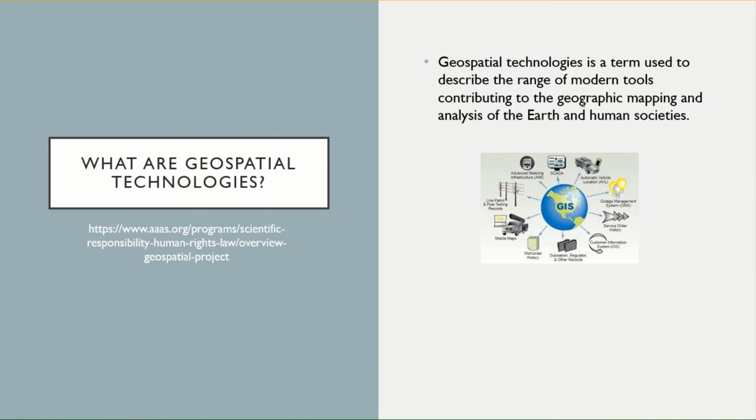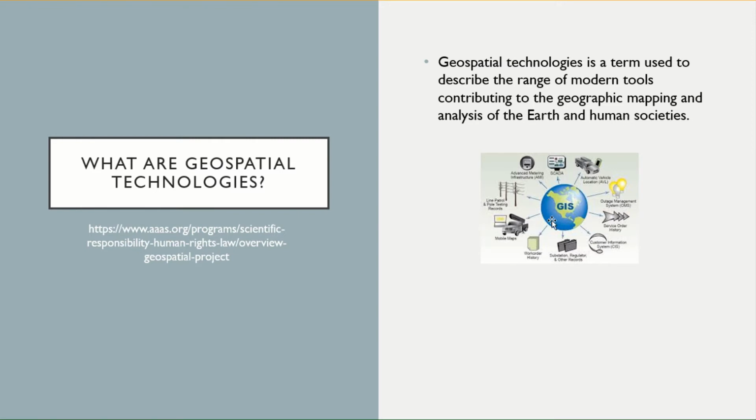They contribute to geographic mapping, analyzing the earth and human society. For example, this car has a GPS system which gives you the location and helps you reach a particular destination. This means this application is connected with human society and the earth.